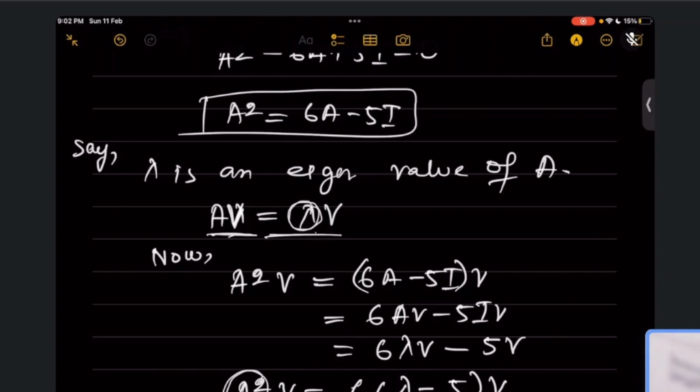So this statement is not correct. We cannot conclude this statement from the Cayley-Hamilton theorem. Right?